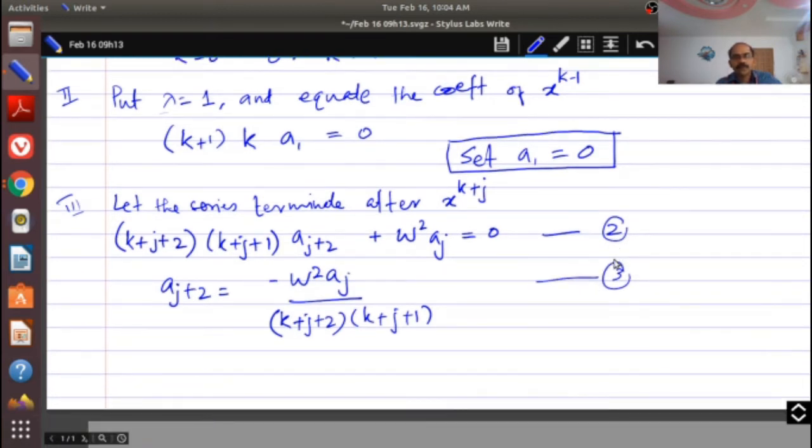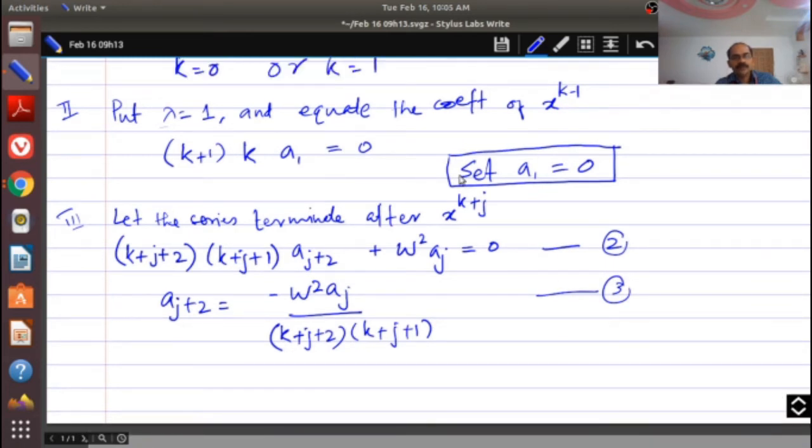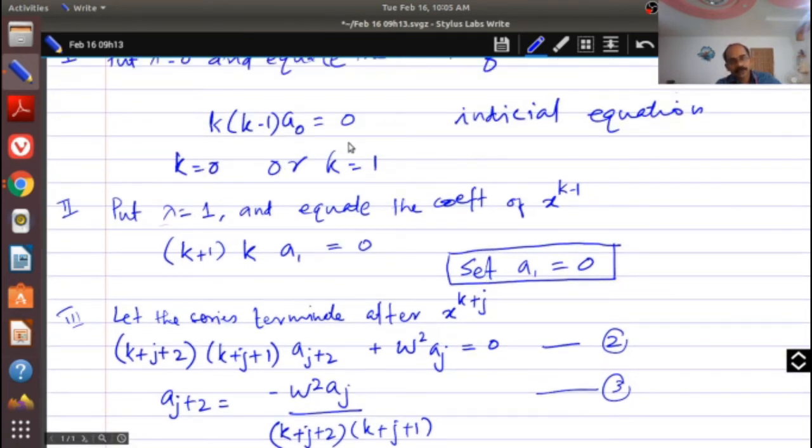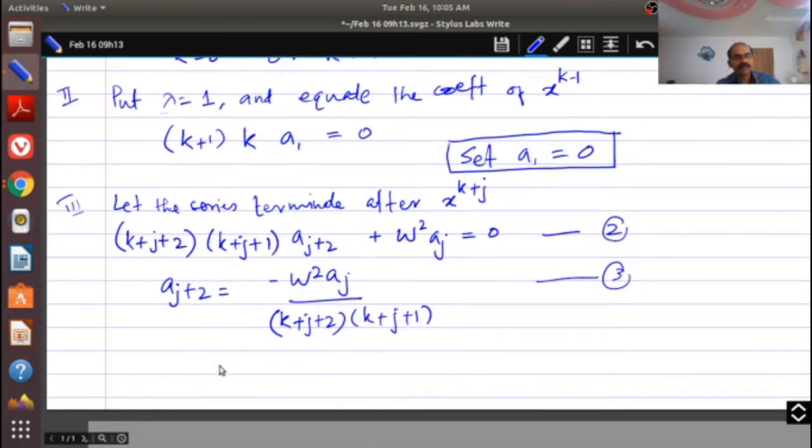See, the whole point is we want to have a1 equal to 0 and a0 non-zero. Then you have two situations, k equal to 0 or k equal to 1. Now all you have to say is what happens to k equal to 0 in this equation and k equal to 1 in this equation.